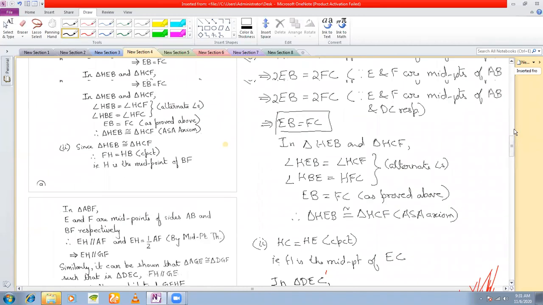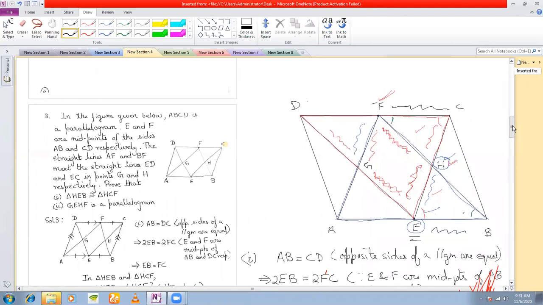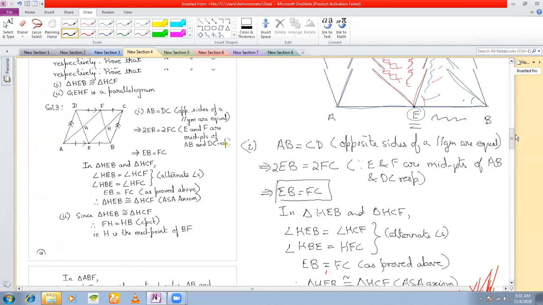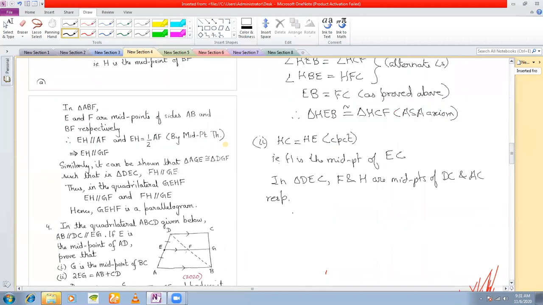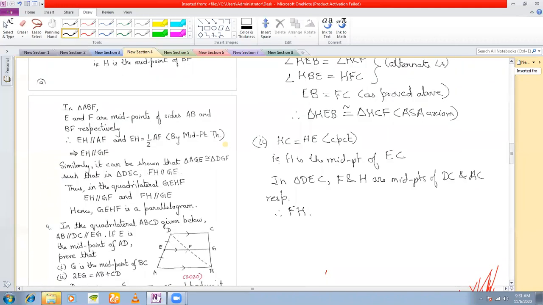In triangle DEC, F and H are midpoints of DC and EC respectively. Therefore, what can you say? Therefore, you can say FH is parallel to GE. FH is parallel to GE by midpoint theorem.